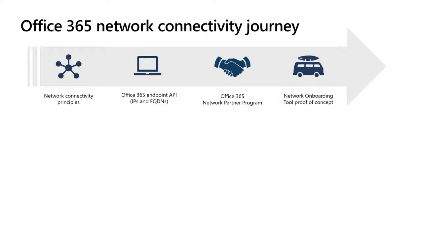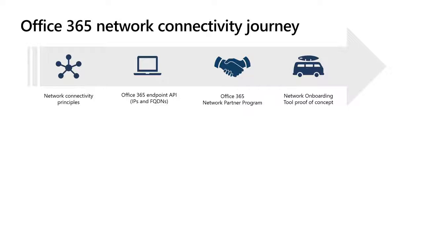So our principles are all around that, and we've published a web service to expose the IP addresses and URLs so that you can identify what is Office 365 in your network infrastructure when users are connecting to Office 365. We've also created the Office 365 Network Partner Program, which has a large number of vendors who have signed up to use that method of identifying Office 365 traffic, and to give you the opportunity to shortcut any security processing or otherwise that's on the wire and get users connected into Microsoft data centers.